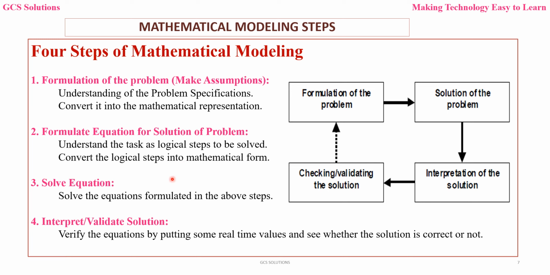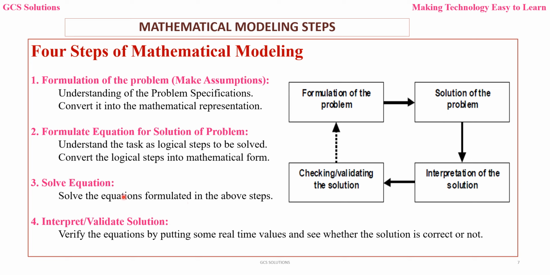Now, once the logical steps are converted into mathematical form, you try to solve those logical steps, which are mathematical equations. Now you go to step number 3, that is solve equation. In this, you solve the given equation or equations which are formulated in the above steps.